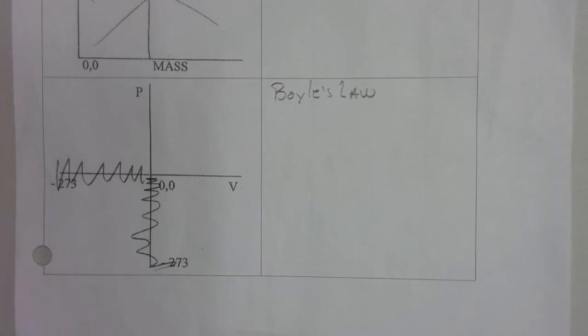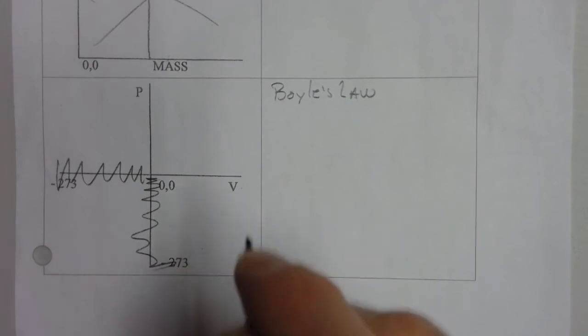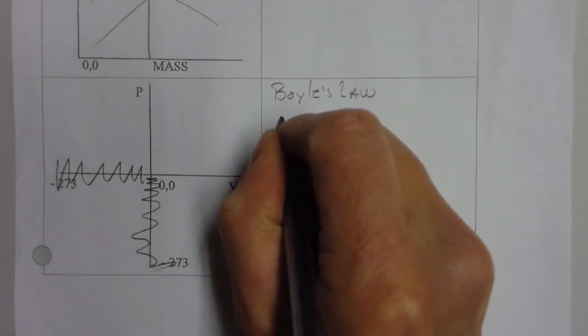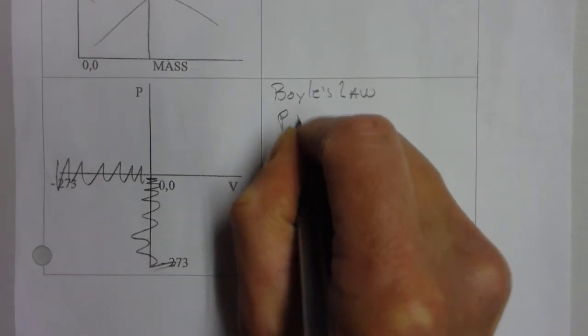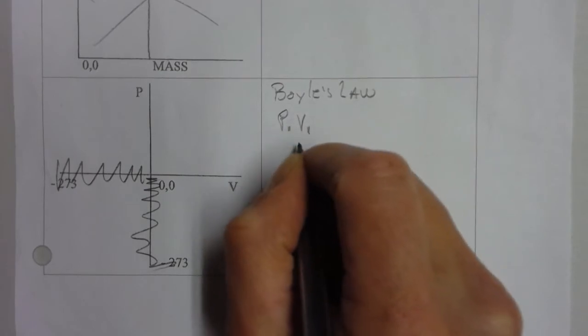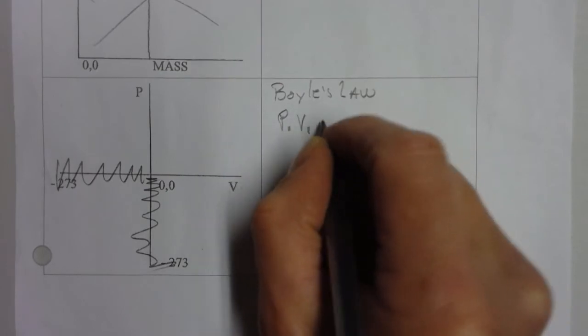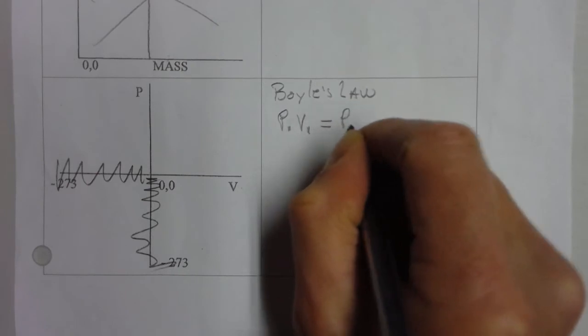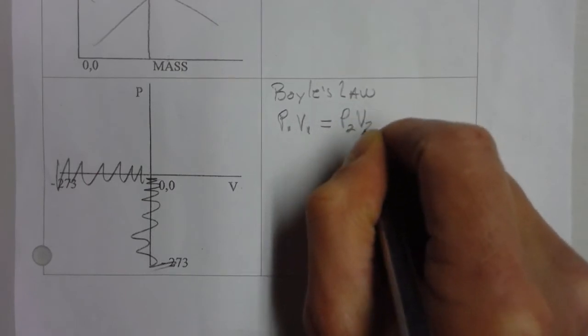Now, how do these relate? Here we know as you squeeze something, it gets smaller. So higher pressure gives you lower volume. The equation turns out to be pressure 1 times volume 1. That product is always a constant. Pressure 2 times volume 2.